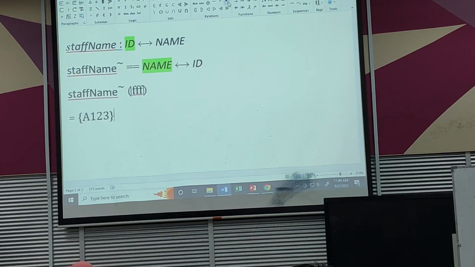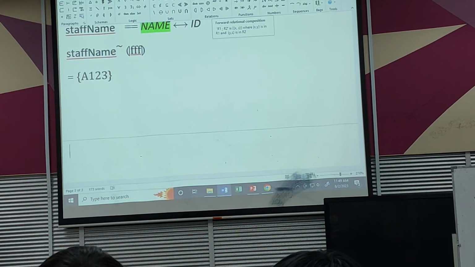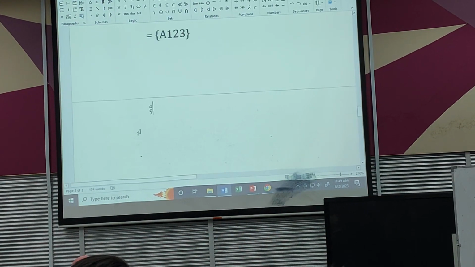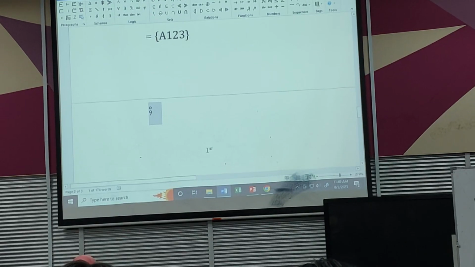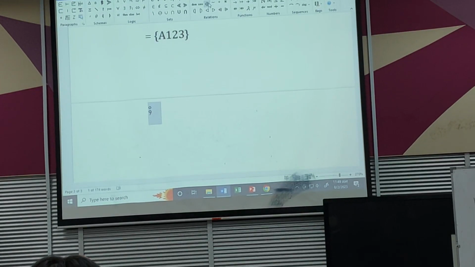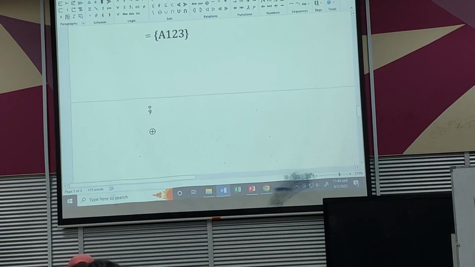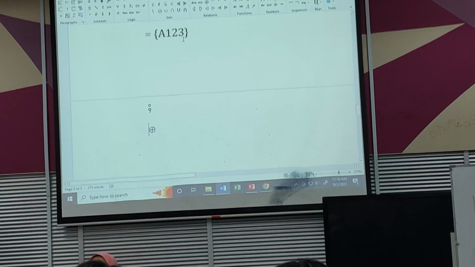This one, sorry, this one, the composition symbol. So you have to use this symbol, composition, not from the keyboard. Okay, override, of course, this one. This is override. These are the symbols that you can find from the relation symbol.